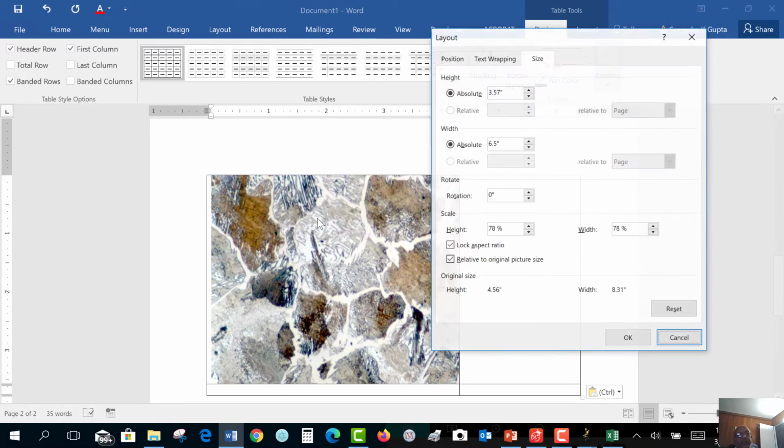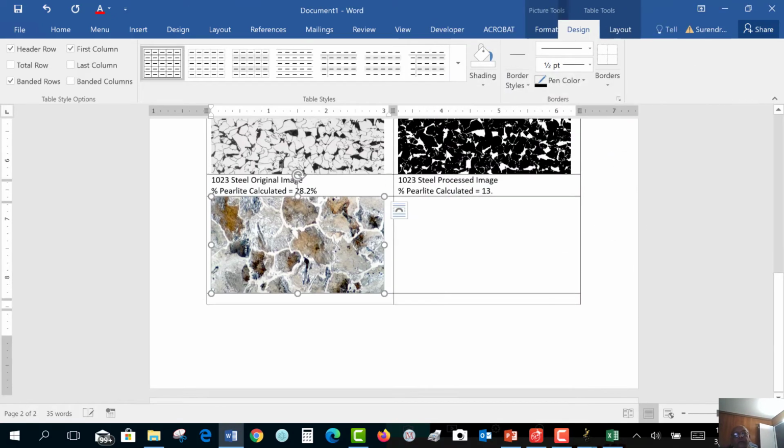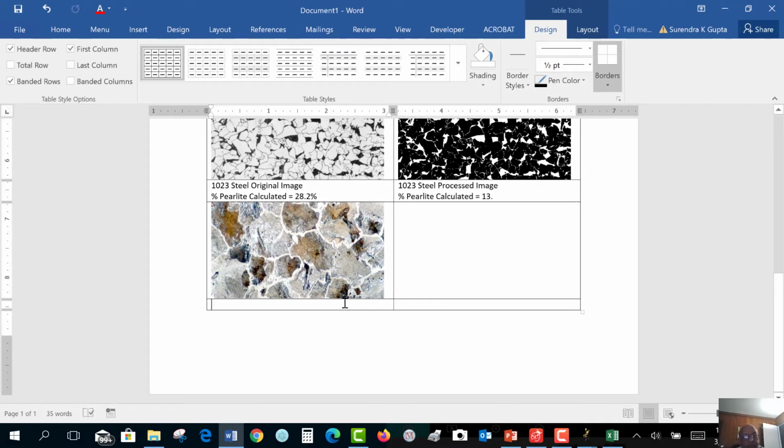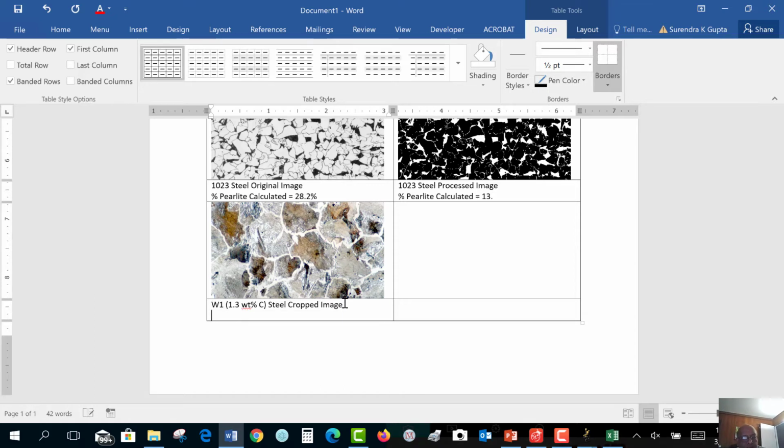Size it to 3 inches. Give it a caption. So this is W1 1.3% weight percent carbon steel cropped image, and percent perlite calculated.